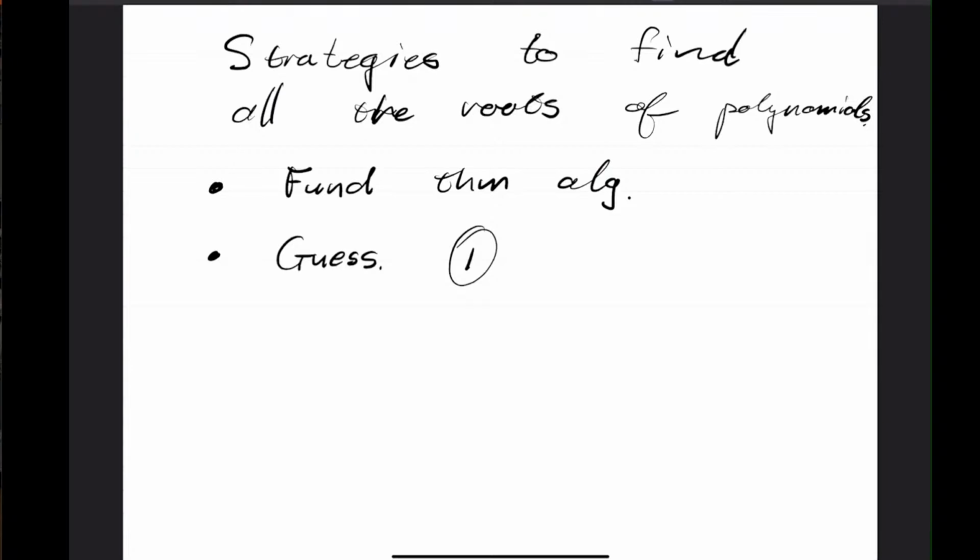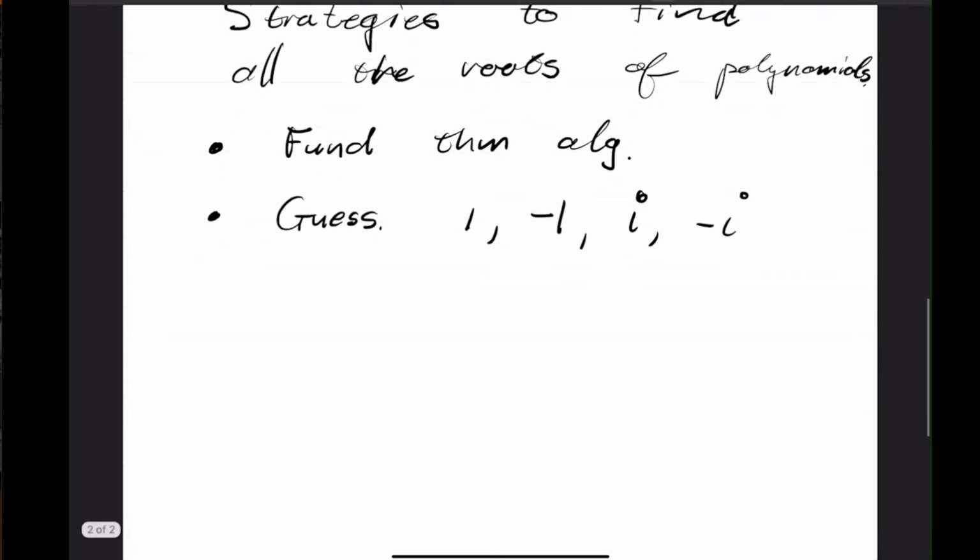If yes, then we have a root of the polynomial. If no, 1 is not a root. Then we will try -1, plug it into the polynomial, see if we get 0. If we get 0, then -1 is a root. If no, then we move on. And we can try i and -i. So we can guess some of the simplest roots that the polynomial may have.